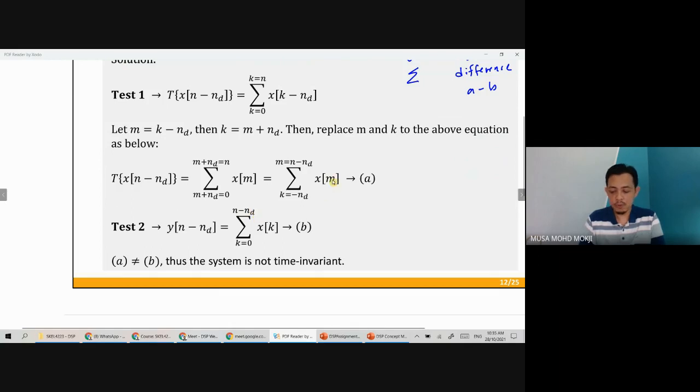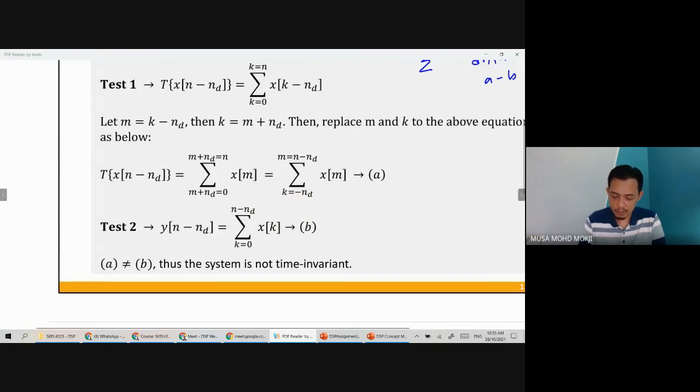If we assume m and k are the same, we can do that, no problem, because this is just a variable. So this is x[k]. Maybe I'm wrong, this is not m, this is k.